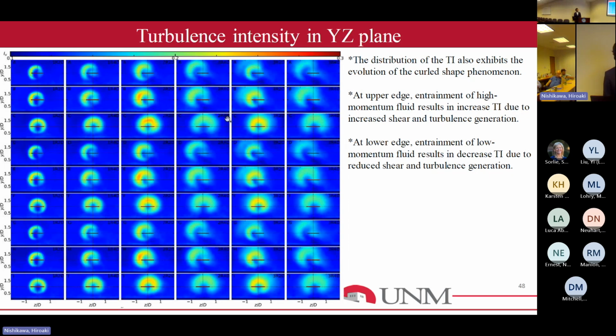As you go down, you can't actually see the influence of the wind speed on this structure, but usually at the lower wind speed, there is lower turbulent intensity generation.